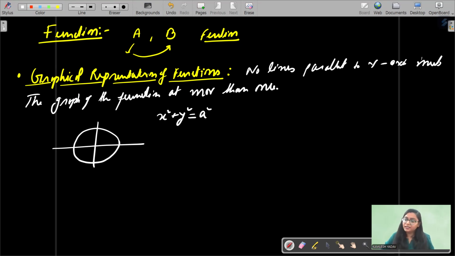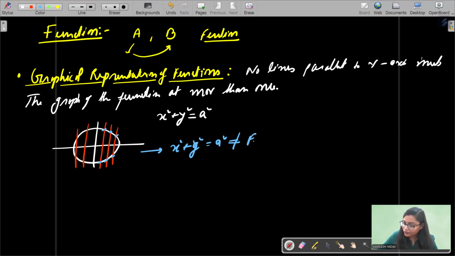From the statement of graphical representation of function, when we draw a parallel line to the y-axis, we see it cuts at more than one point. It means the graph of x square plus y square equals a square is not a function.